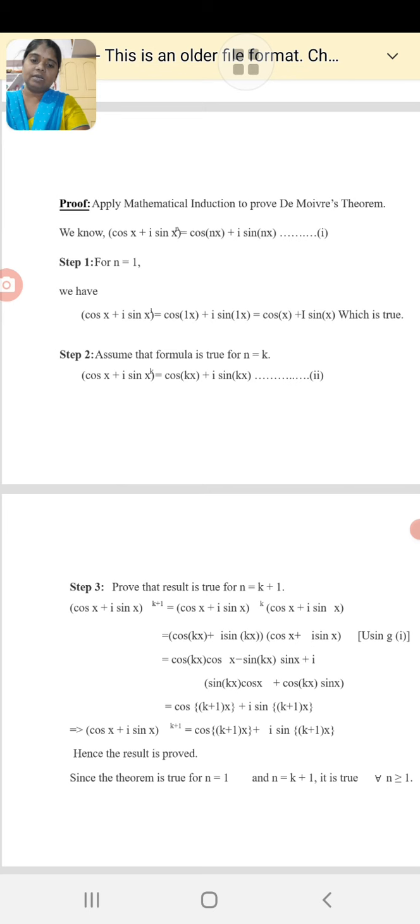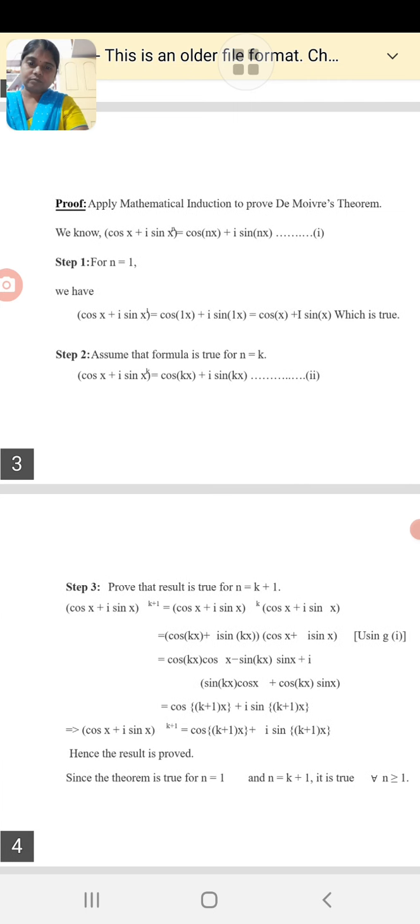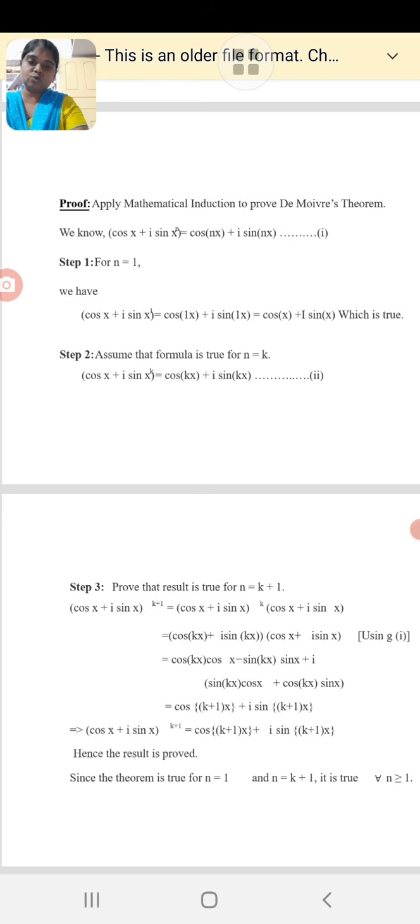So for that we can write it as cos((k+1)x) + i sin((k+1)x), by using the formula of cos(a+b) and cos(a-b). Hence the result is true for n = k + 1.